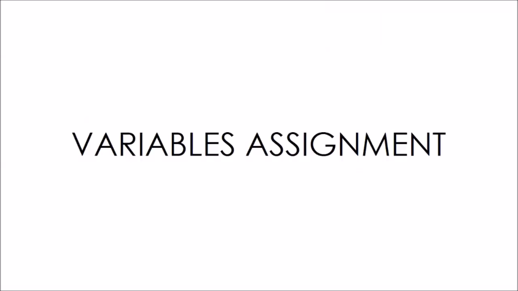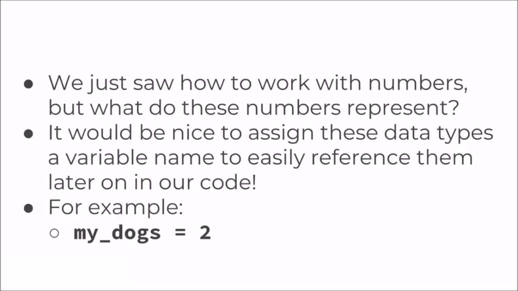variable assignment. Okay. So we just saw how to work with numbers. Right? But what do these numbers actually represent? Suppose I have a set of values, and I consider that I am a tutor teaching some 60 students. I want to calculate multiple things, like an average or something like that.